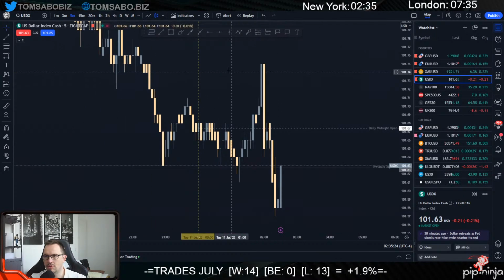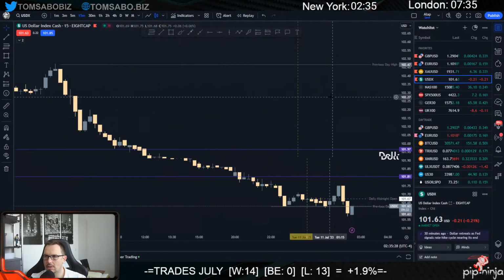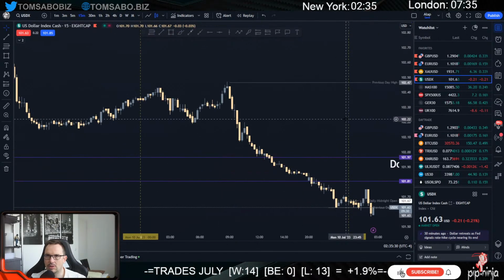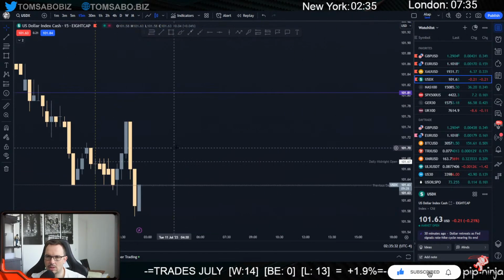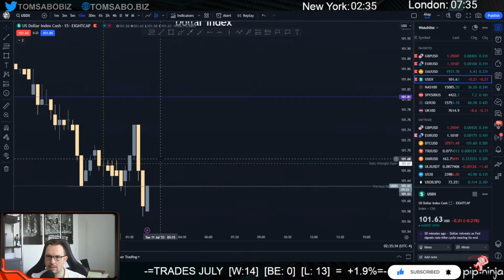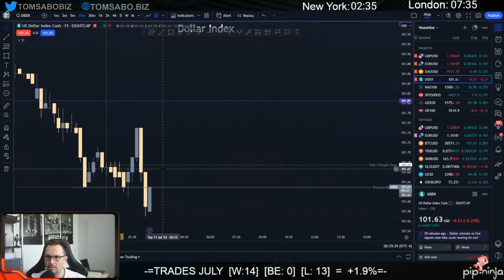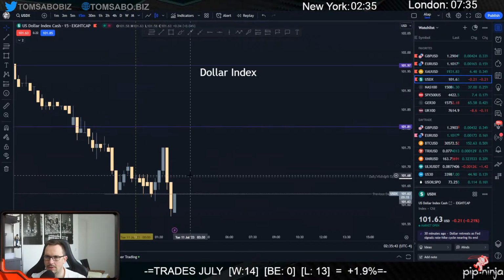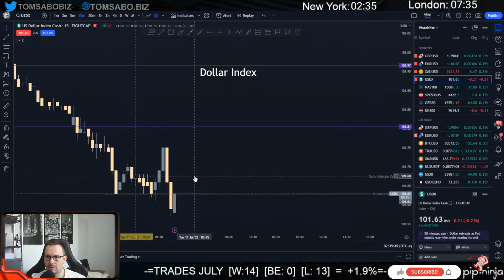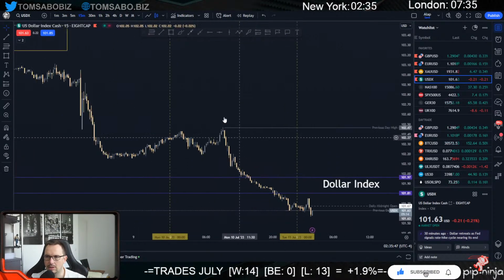It surely needs to retrace, as it does now, as you can see. So if the dollar index wants to retrace, this is the 15-minute chart. I would be glad if it would stop the retracement around 101.70 or 69, somewhere around here, and then continue to go lower.